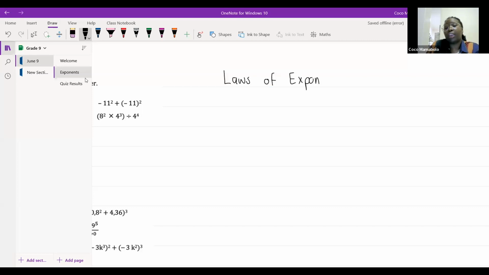So if we think about some number A, we don't know what the number is, but it is raised to the power of 3. And I multiply that by the same number A raised to the power 4. What do we know about the exponent of my number A?